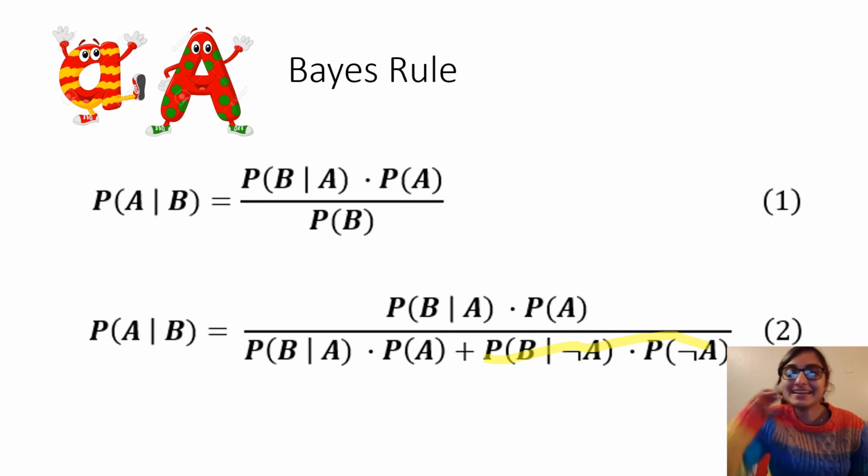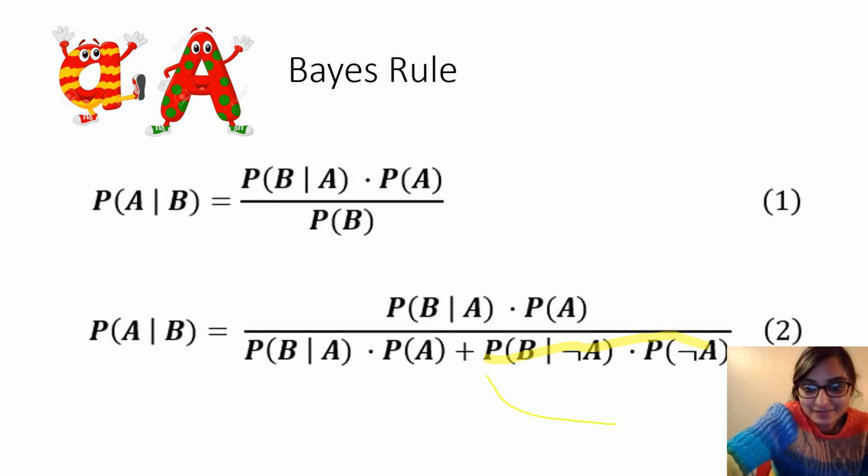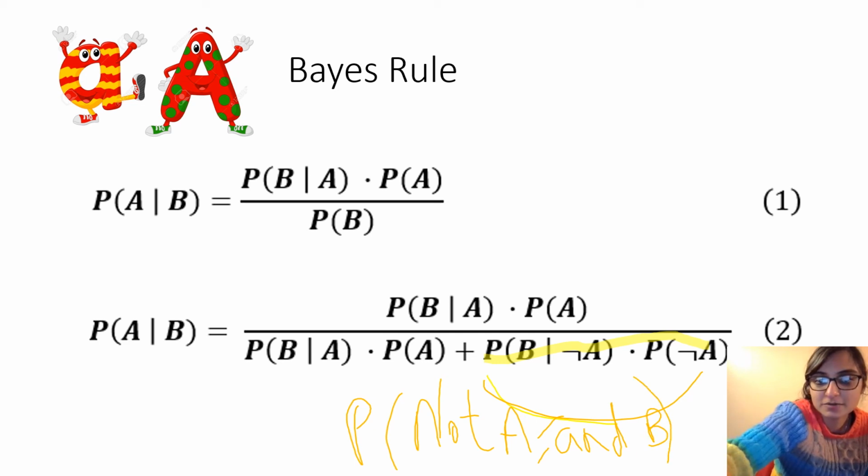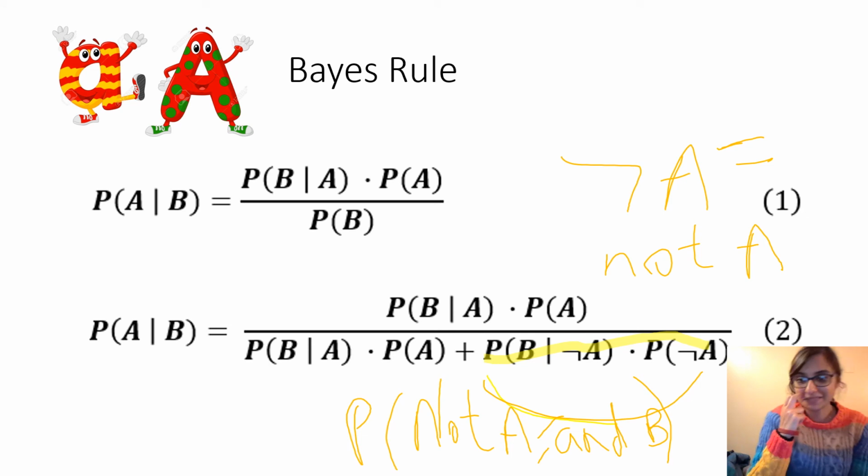This little probability right here is going to be the probability of not A. So this over here just means it's not A. That's what this means here.